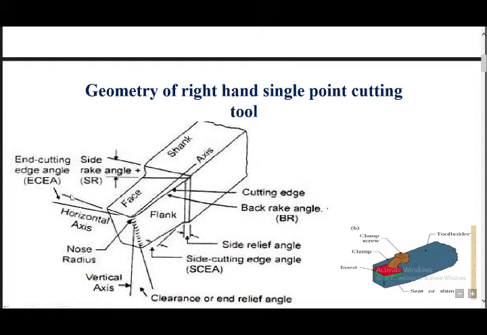Here the top face and left side is the end cutting edge angle, and here is the side cutting edge angle, and next the side rake angle, the back rake angle, and last one is the nose radius.